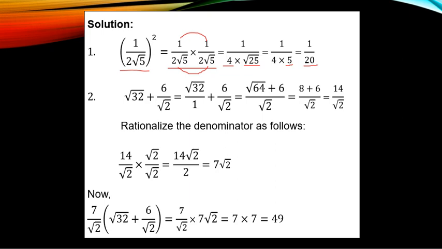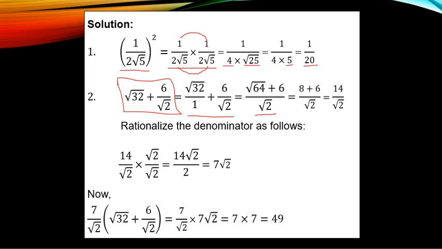Number 2, first, you are asked to express this as a single surd. Now, for us to have a balanced fraction, let's write the first term as all over 1 so that you can find the LCM first, since you are adding. So the LCM of 1 and root 2 is root 2. You know the rule for adding fractions.